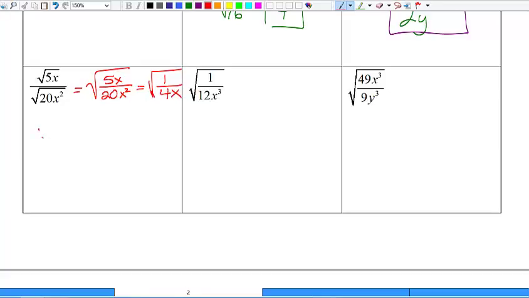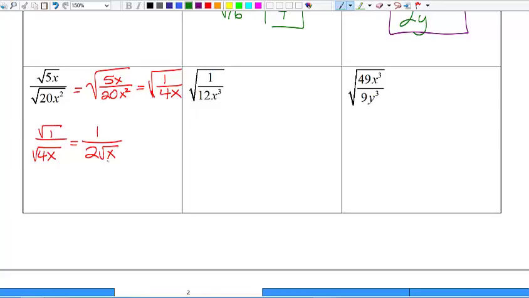So when I split this back up, I'm getting root 1 over root 4x. Now I know what the square root of 1 is, that's just 1. And I know what the square root of 4 is, that's 2, but unfortunately the x is still under the radical. So yes, reducing did help, but I still have to do some more.